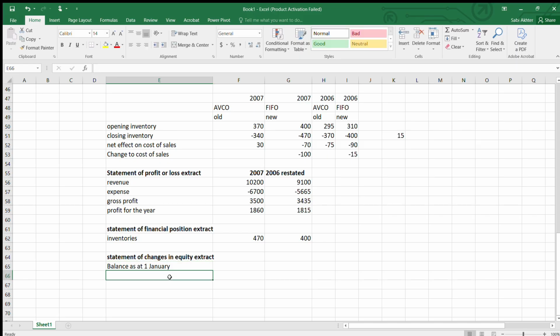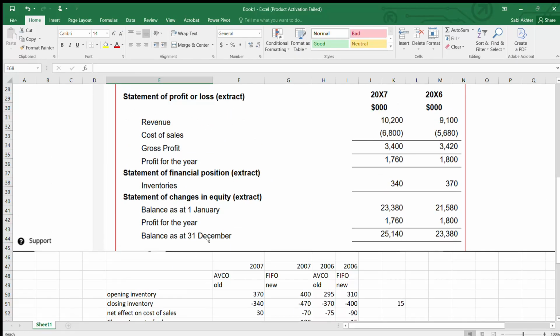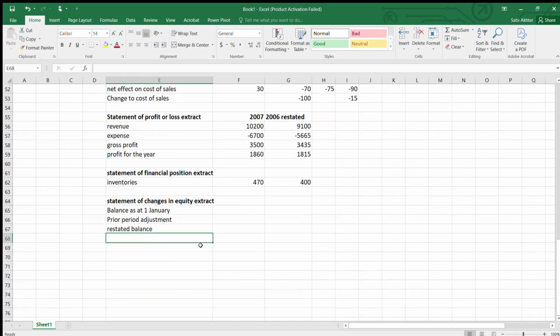Prior period adjustment. Then we have restated balance. Then we have profit for the year, as given here. And then we have the closing balance, 31st December 2006.